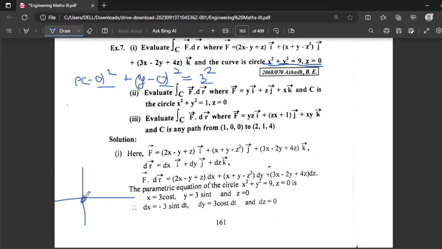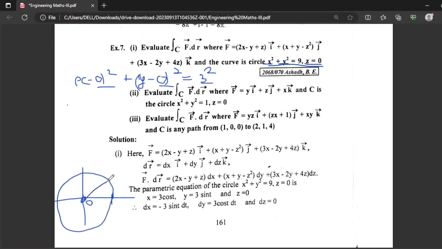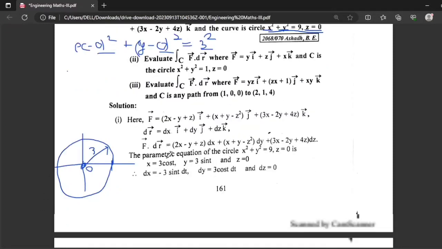This is the origin O (0, 0) and the radius is 3. So this is a circle, and in parametric form x is r cos t, that is 3 cos t, and y is r sin t, that is 3 sin t, and z is 0.